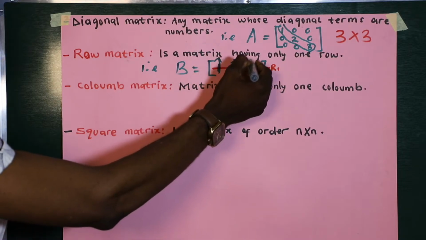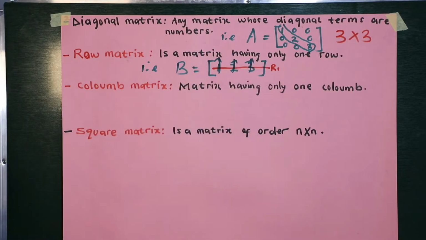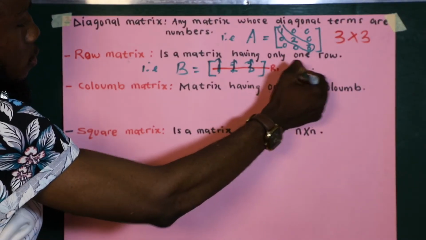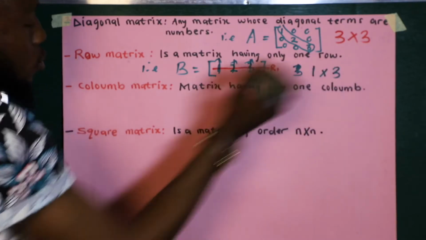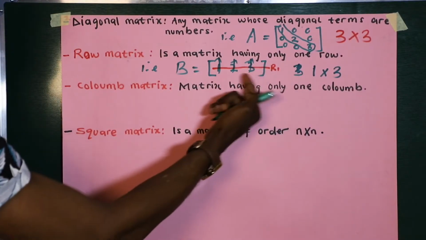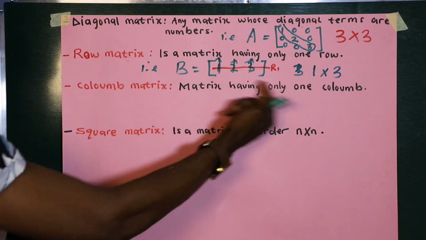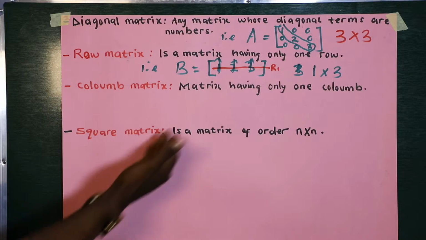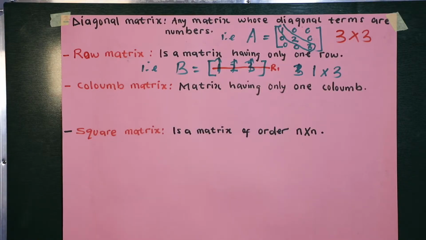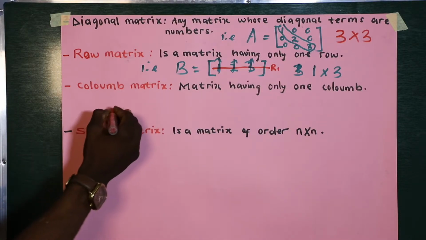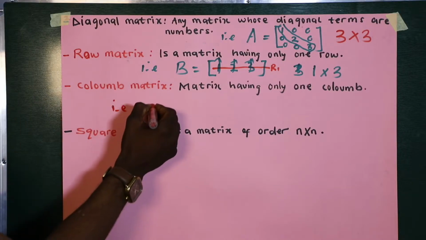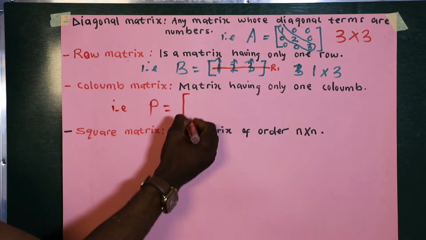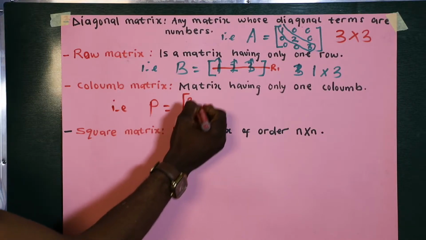We can represent this matrix as a 1 by 3 matrix. The 1 represents the row and the 3 represents the columns. Then we have the column matrix. A matrix having only one column is called a column matrix, i.e., let P be the matrix 2, 3, 4.